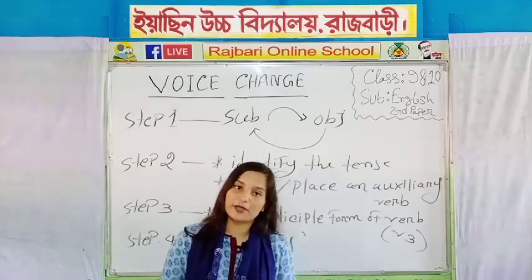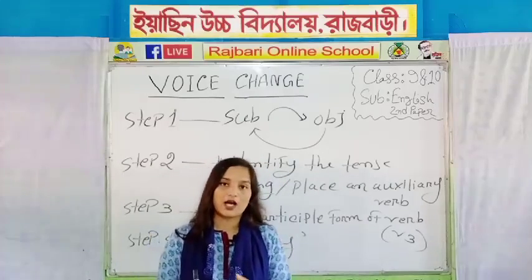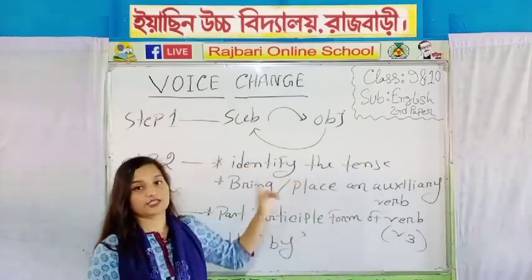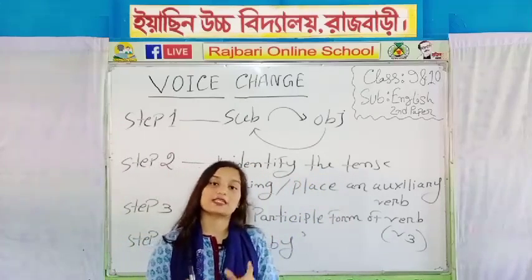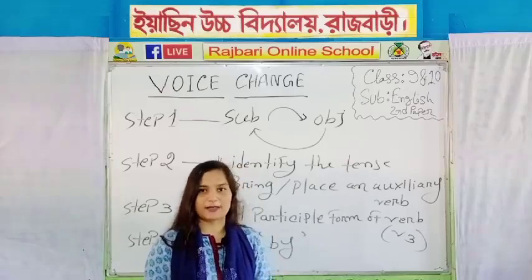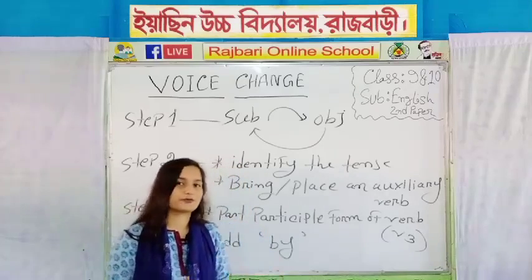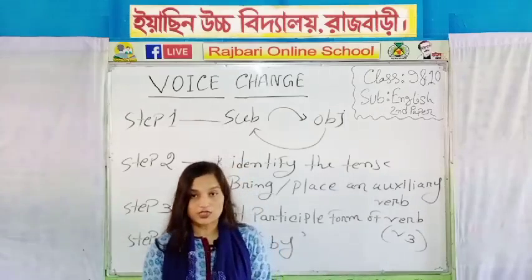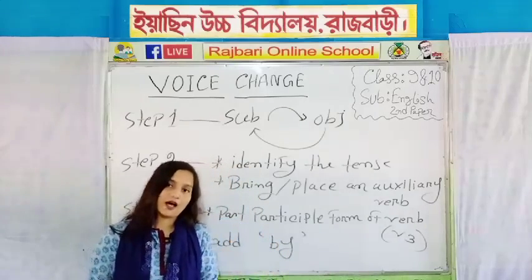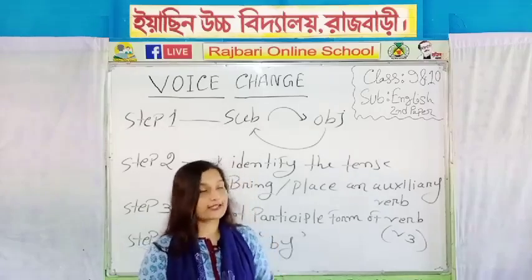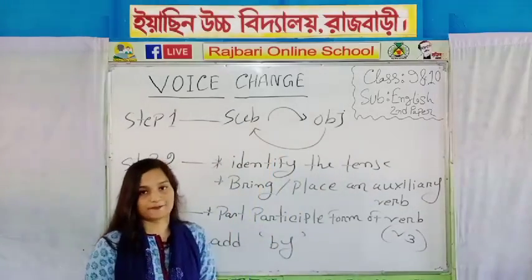Now in your second paper English grammar, whenever you sit for an exam, you will get voice change in question number 6. In question number 6 you will get some mixed sentences, for example sentence transformation, that is simple, complex, compound, degree of adjectives, and active to passive voice.